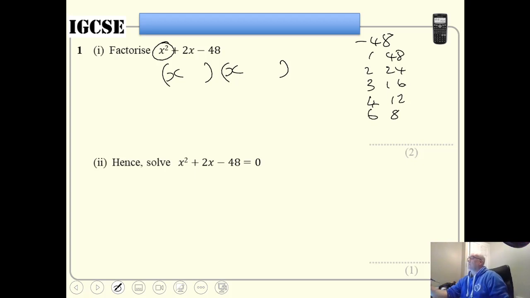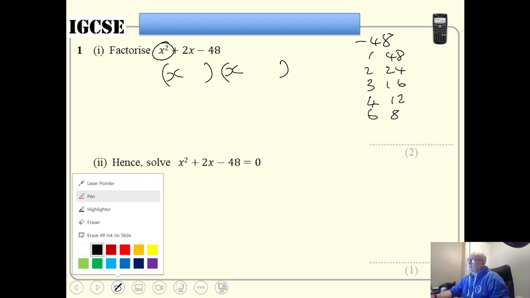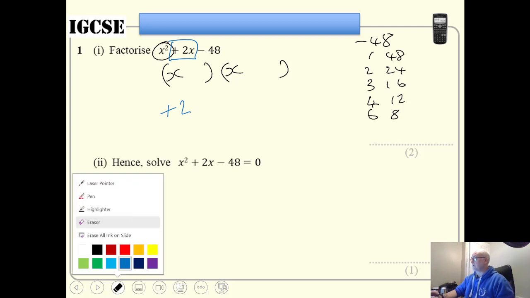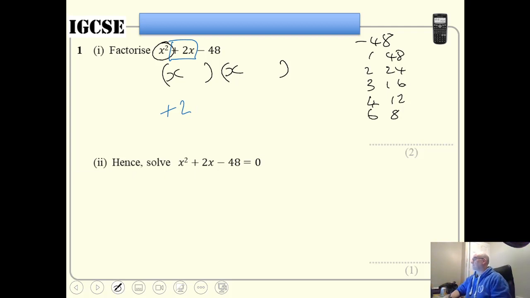The key thing over here is that we need to make positive 2x when we sum it. So to make positive 2, let's see which ones are going to do that. Straight away 6 and 8 should be jumping out to you. None of the others will make positive 2 if we try to sum them.